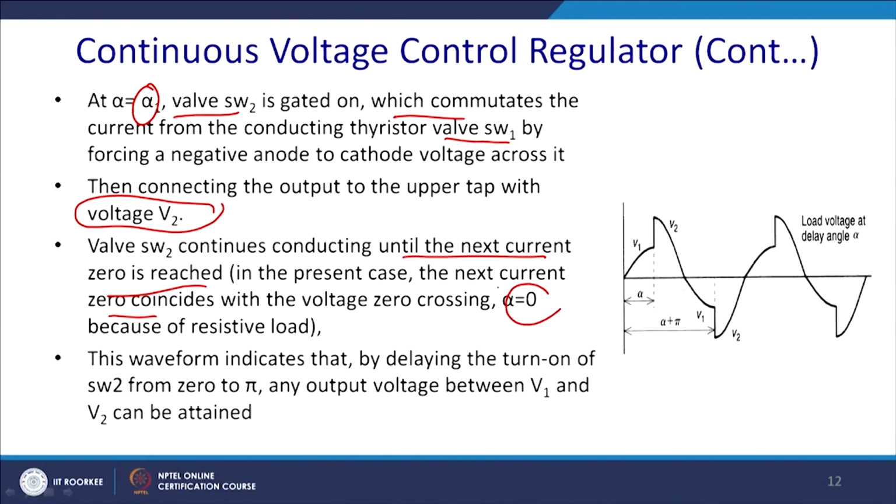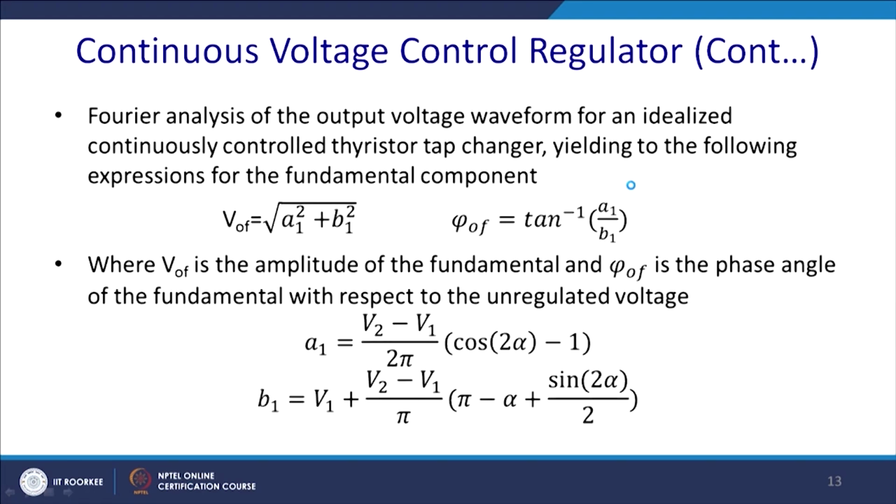This waveform indicates that by delaying the turn off of SW2 from 0 to pi, any output voltage between V1 and V2 is attainable, and ultimately you need to calculate the fundamental of this stepped waveform. So, let us see how it can be calculated.